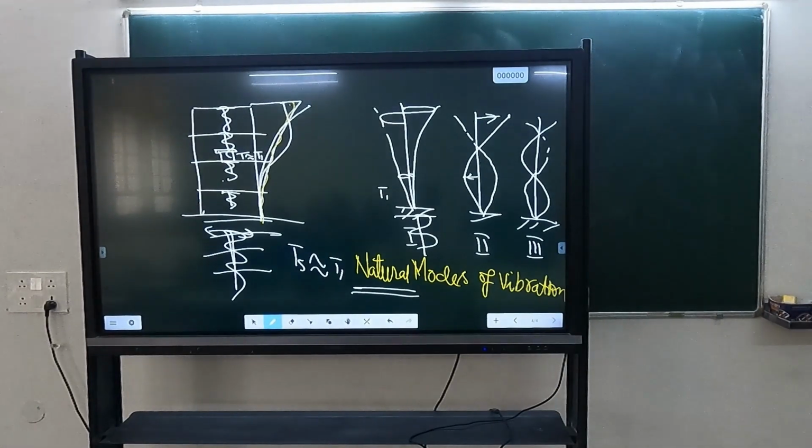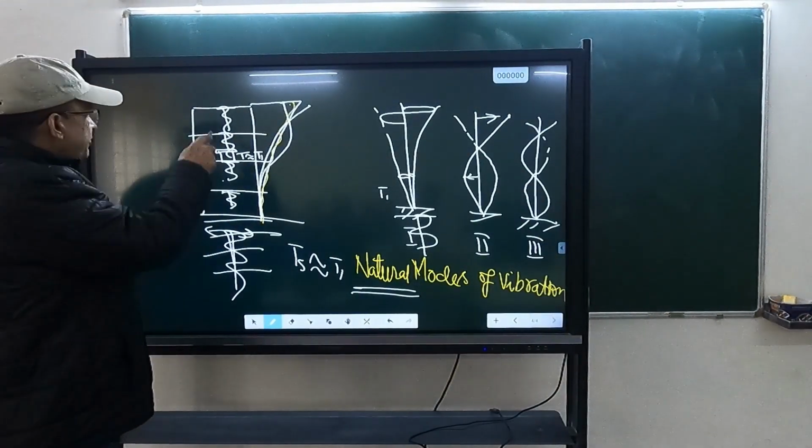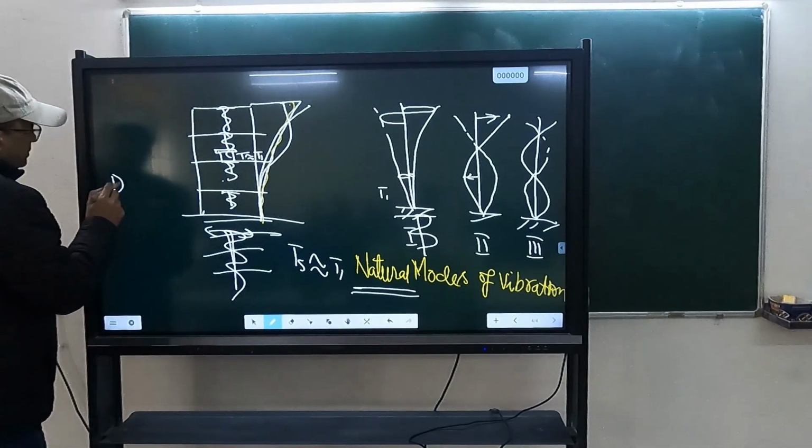That is the extreme condition. The building period is also matching with the soil period. So one filtering action will take place here, and the building will go into resonance, which is another filtering action. This situation we call double resonance.